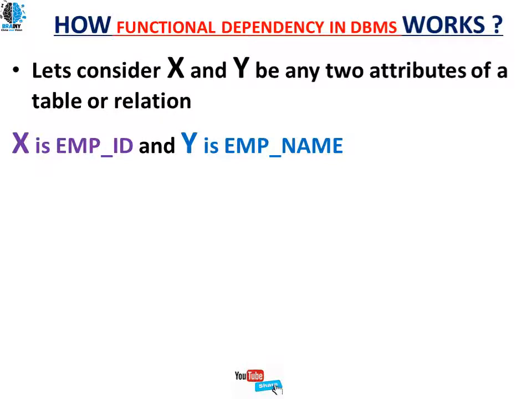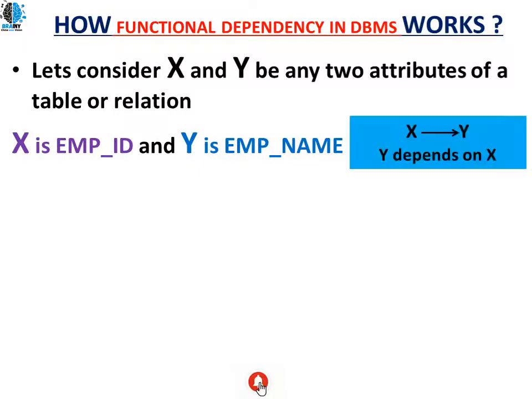X is one attribute, named employee ID, and y is another attribute, named employee name. So y depends on x. The notation is given here: x arrow y. It means y depends on x. So whatever the value of y, it's purely depending upon x.